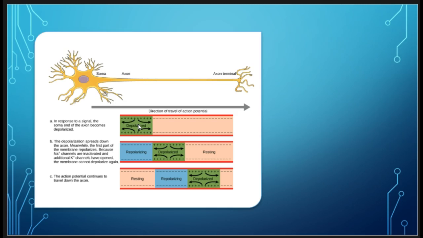Once that happens, it's going to be the same process and has a cascading effect all the way down from one axon terminal to the next. This is why we're so slow, and our reflexes are way down when we indulge in alcohol.